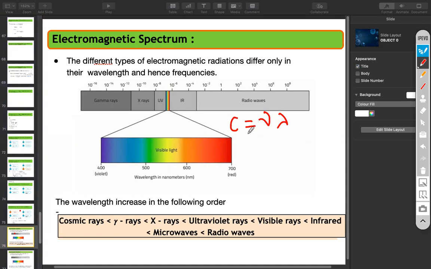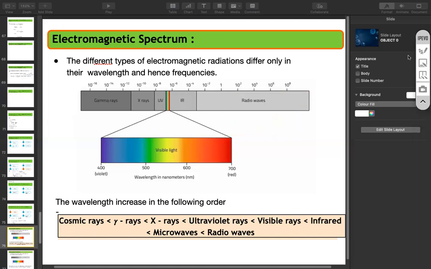So C is equal to nu lambda. Good, Zayan. C is equal to F lambda. This is fixed. If you change the frequency, the wavelength of the radiations will change. Here you see there is a series: gamma, X-ray, UV, visible region, infrared, radio wave.